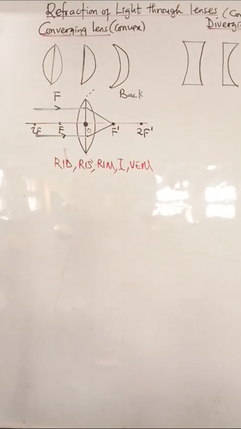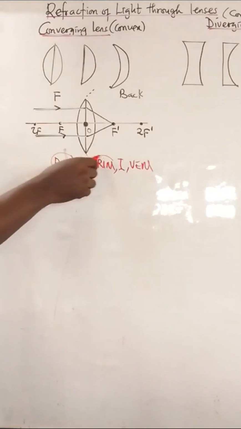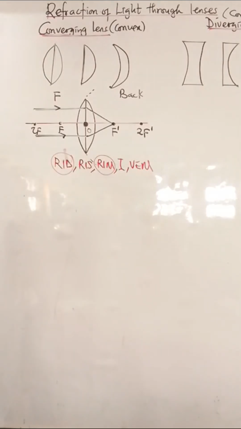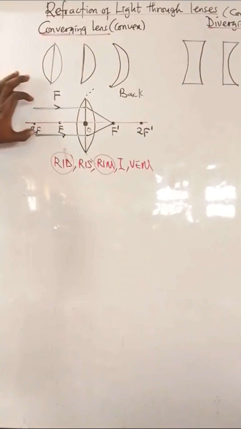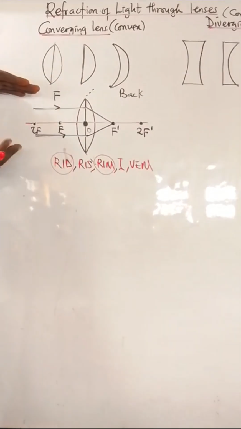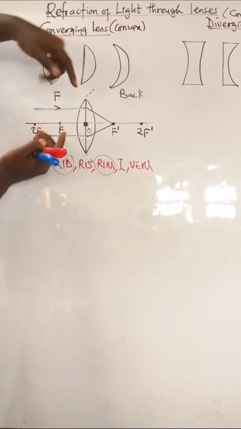Let's try to draw two out of this. Let's draw when we are going to have real and real. Let's try to draw everything very quick. The first one is to know that parallel rays, or rays that are parallel and close to the principal axis, converge at the what?